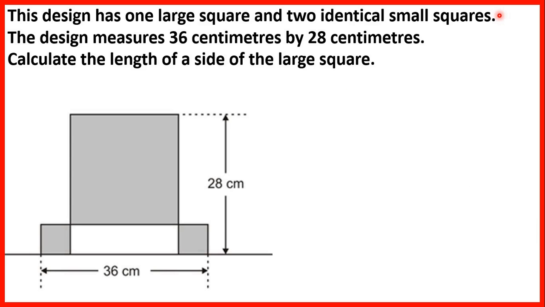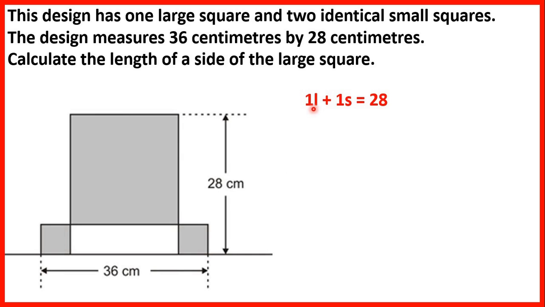This design has one large square and 2 identical small squares. The design measures 36 centimeters by 28 centimeters. Calculate the length of a side of the large square. So if we look at this length of 28, that's the total of the length of one large square and one small square.